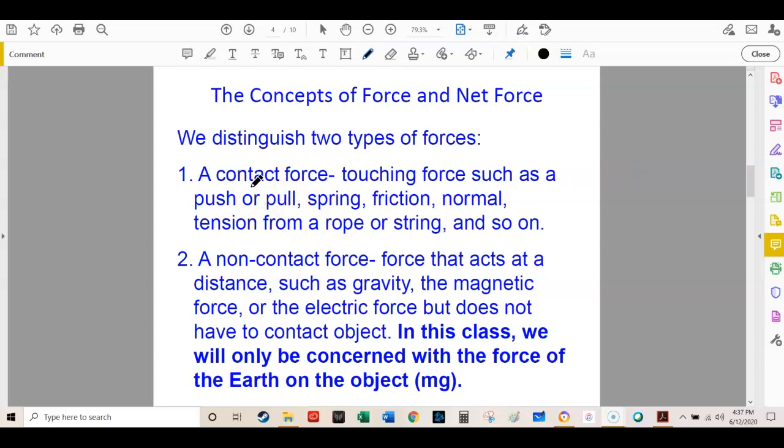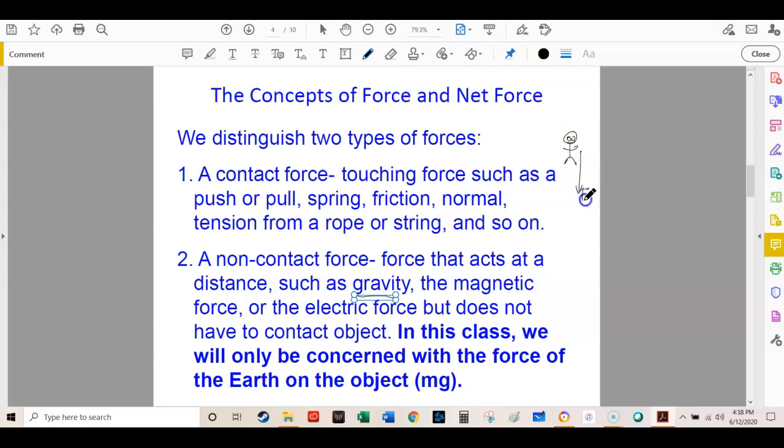Well, there are non-contact forces, right? There are two objects that aren't physically touching each other, but they are working on each other at a distance. So one of them is gravity. If you jump off a high dive and you're falling towards the water, the earth is going to be pulling you down.